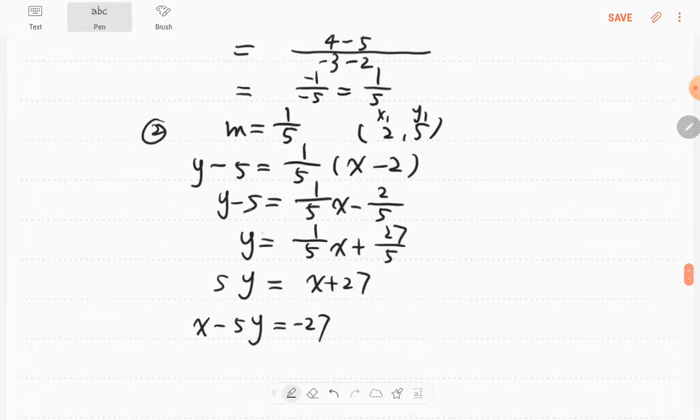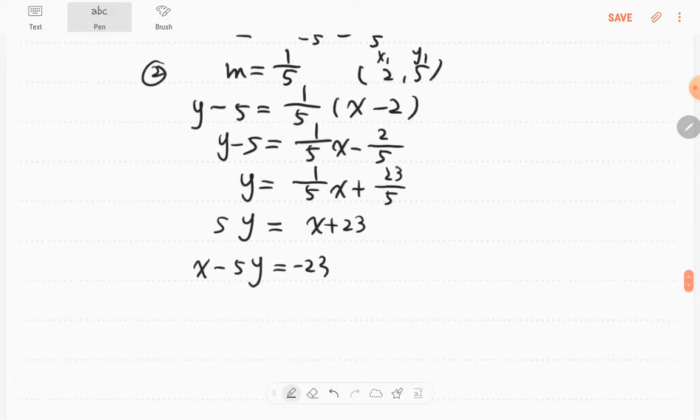I made a little bit of mistake. So here is the standard form.